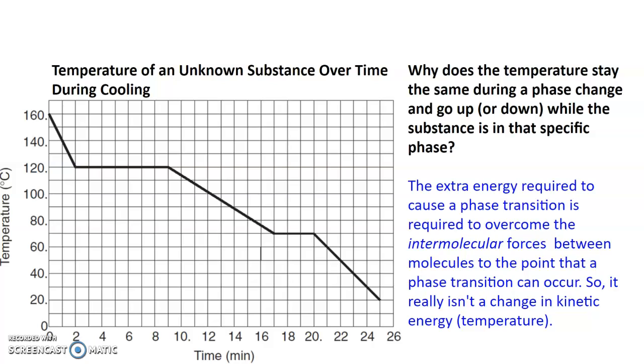So it's not really going to cause a change in temperature or movement of particles, because all of the energy is being used to either break intermolecular forces or form intermolecular forces. And that's why we have those flat lines on the phase change graph.